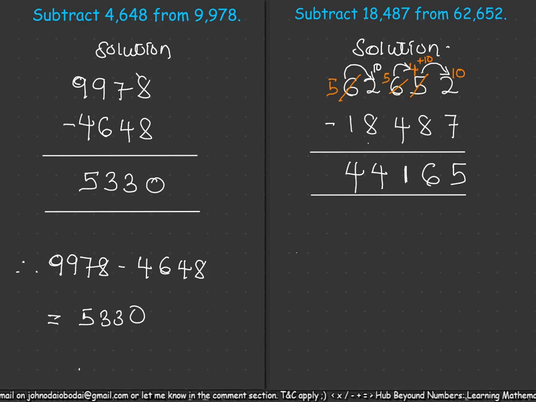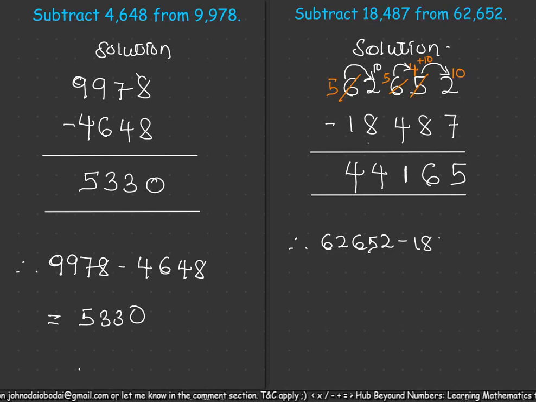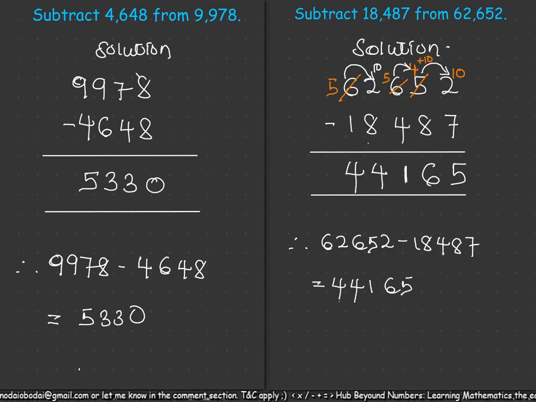So what that means is 62,652 minus 18,487 has given us an answer of 44,165 as our final answer.